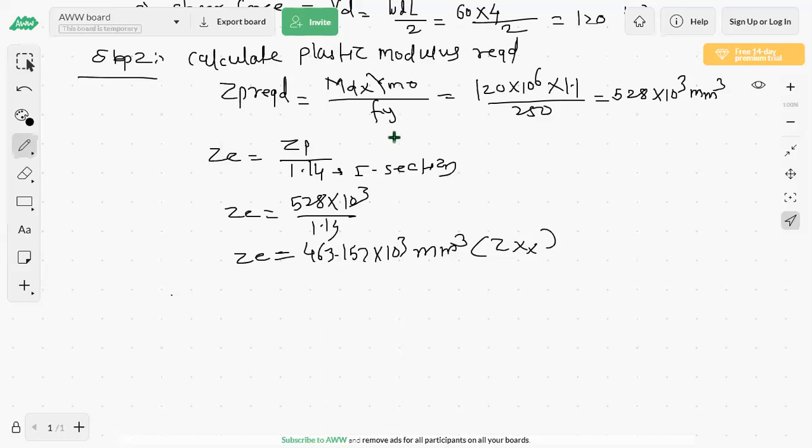Put into the chat box which section we can choose. Greater than 463. Z value we have to check. Anyone can tell me?